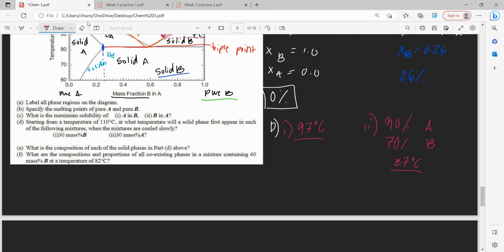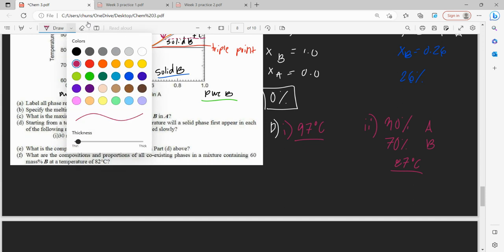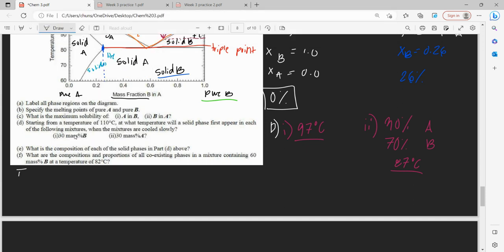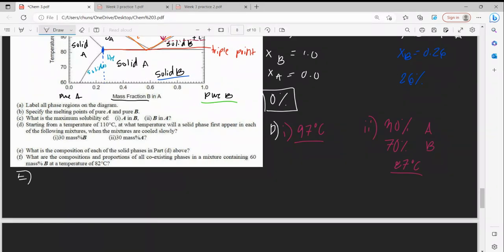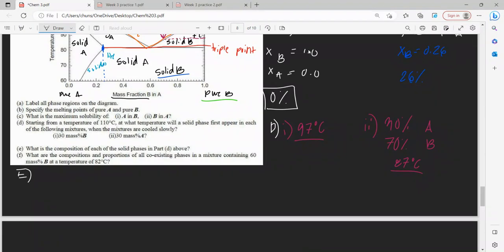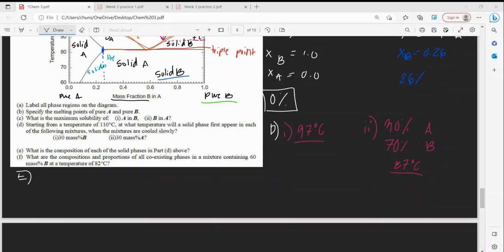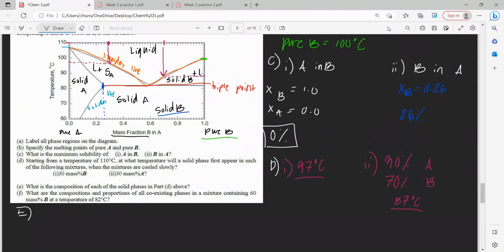Okay, only a couple more left to go. So part E, what is the composition of each of the solid phases in part D above? So because part E draws from what we did with part D, let's use the same color.